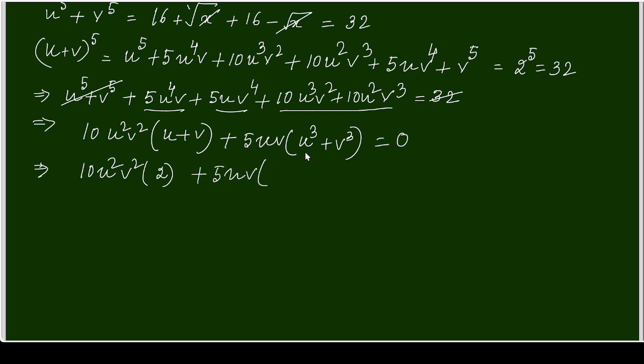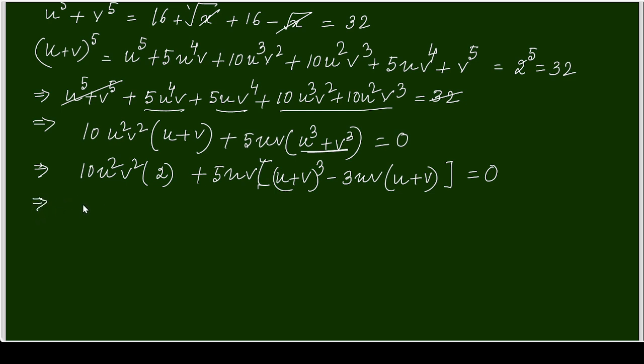Now I am writing u cubed plus v cubed in terms of u plus v: that will be (u plus v) whole cube minus 3 uv (u plus v). This is equal to 0.